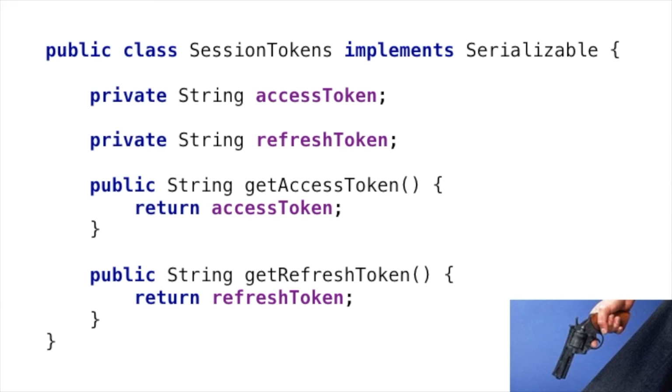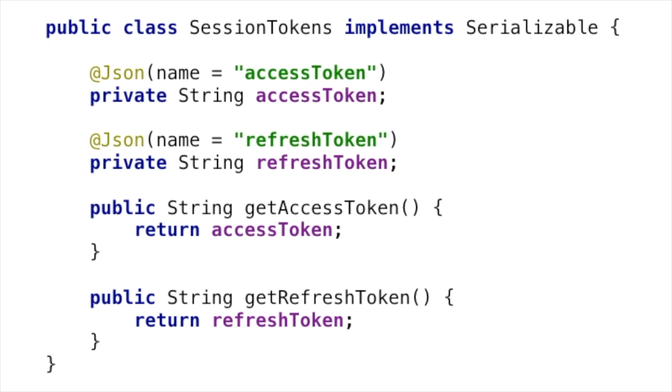I know Jackson works that way, GSON, and also Moshi from Square. So the fix is, of course, to add the names explicitly. This is for Moshi. For GSON, it's SerializedName, and for Jackson, it's, I think, JsonProperty, something like that.